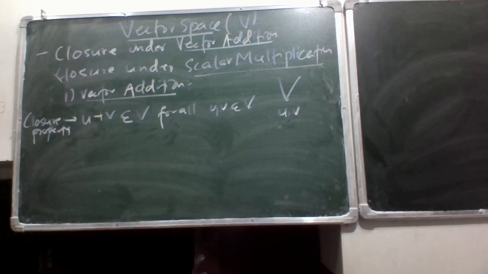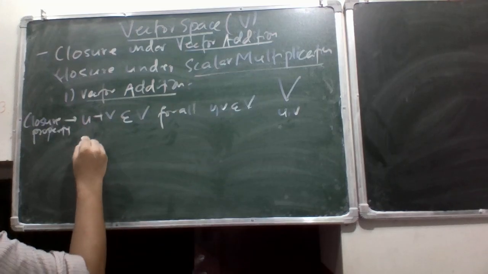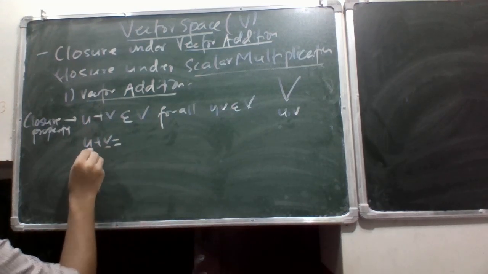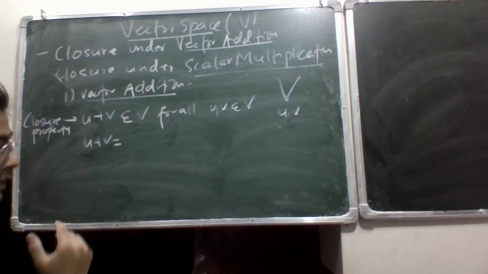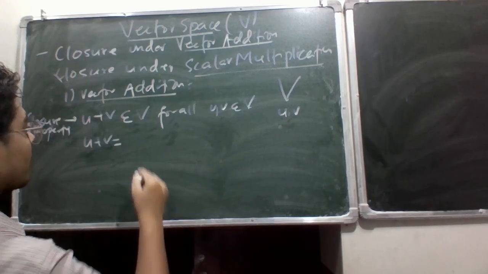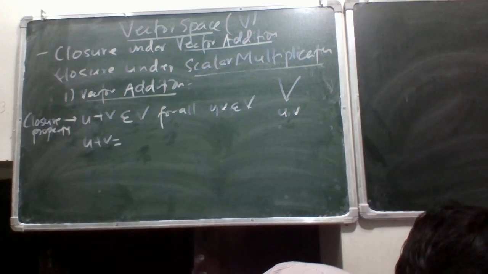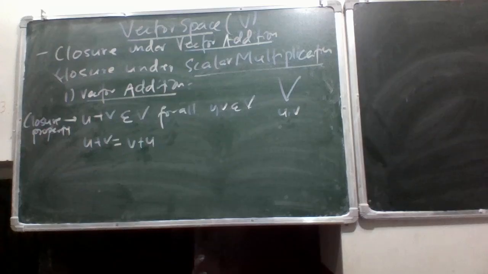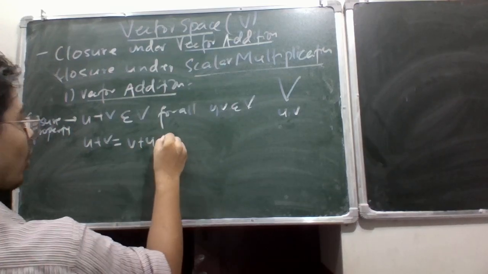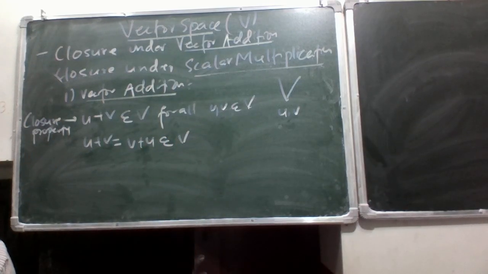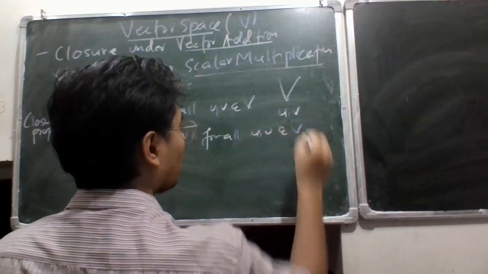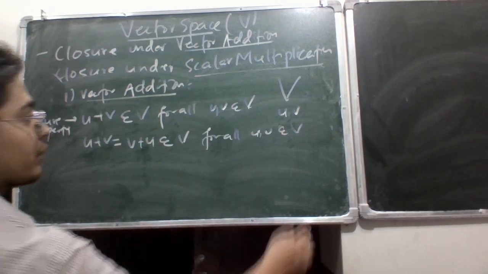Okay. Now, second property is if we have this u plus v, then since both are vectors and the vectors are commutative, this is also commutative, and turns out that this also is a part of vector space, if u and v belong to V, which is a vector space.